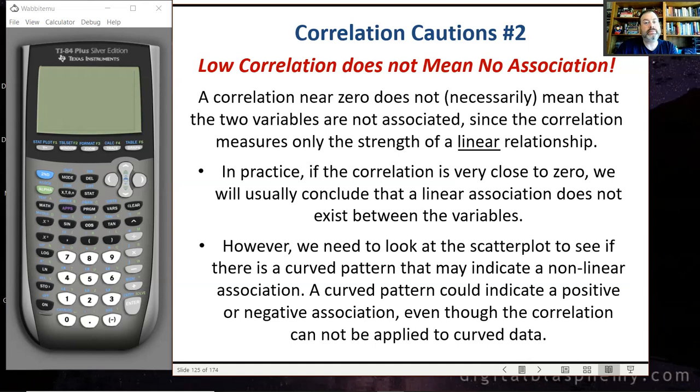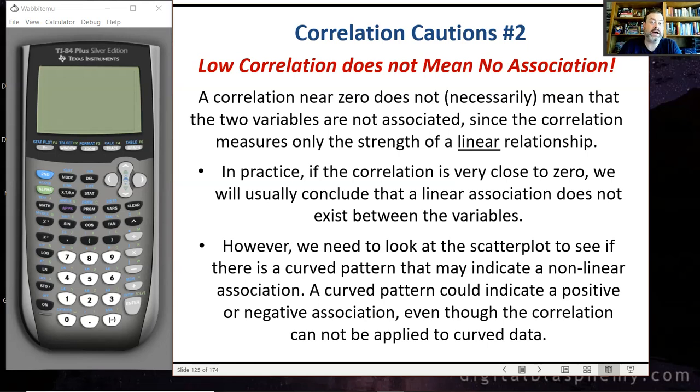And then the second bullet here tells us about something else. We need to look at the scatter plot to see if there's a curved pattern that may indicate nonlinear association. A curved pattern could indicate a positive or negative association, even though the correlation cannot be applied to curved data. So you can have a positive association that's curved.